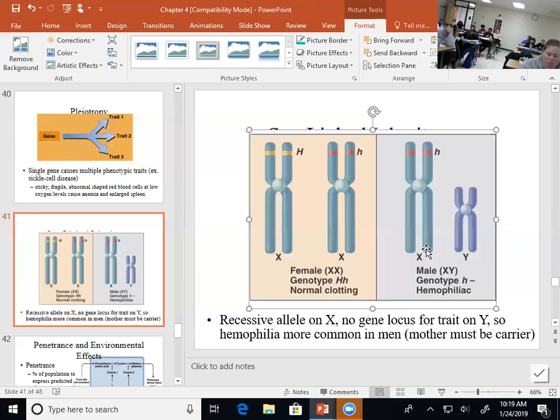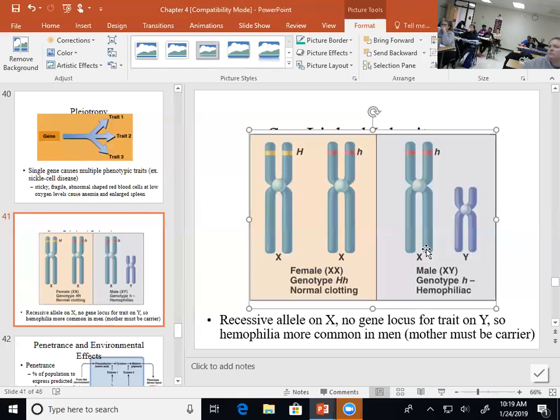So let me say this. If you're looking at this individual, which you say is a female, and there are traits found on the X chromosome that are responsible for all those things I just told you, plus more, then how many chances does a female get at them?